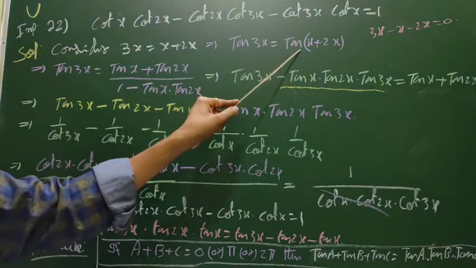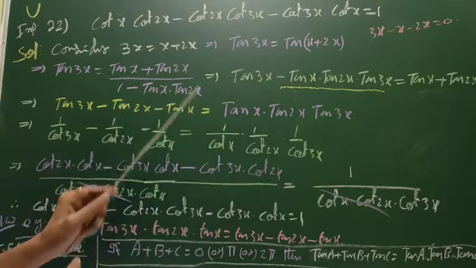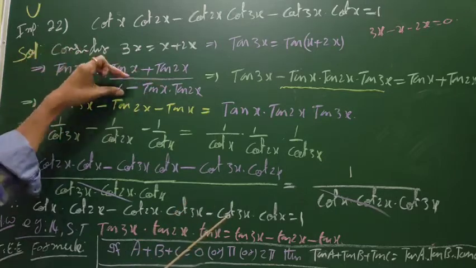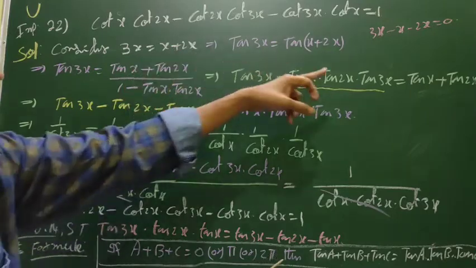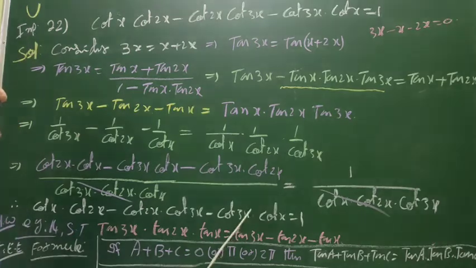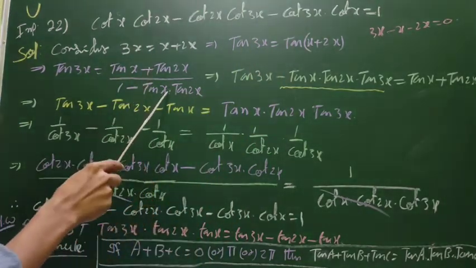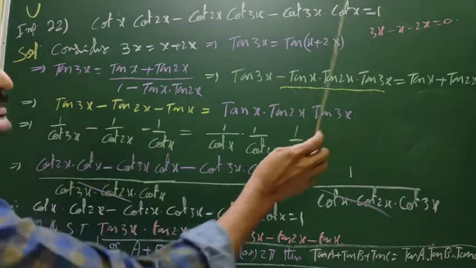Then take tan of x plus 2x, using the tan of x plus y formula. Now cross multiplication: tan x into this is equal to the numerator. Why am I taking cross multiplication? Because here there is no fraction. First simplify the fraction, take the LCM.